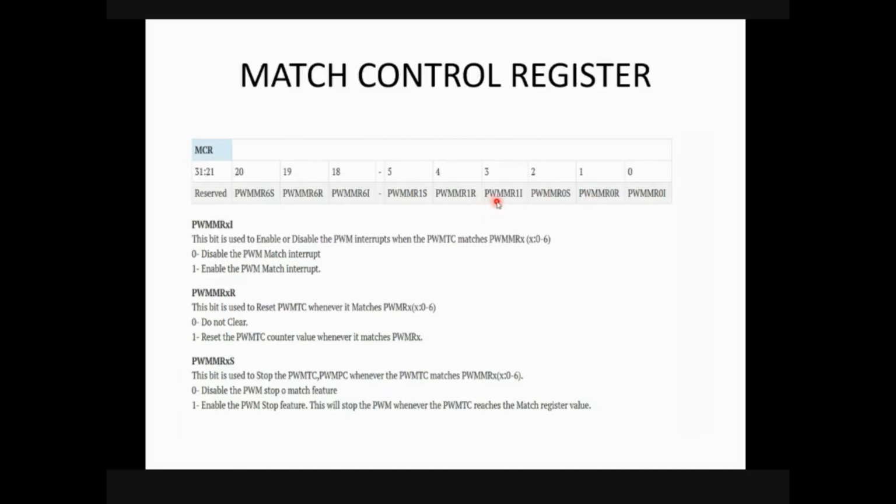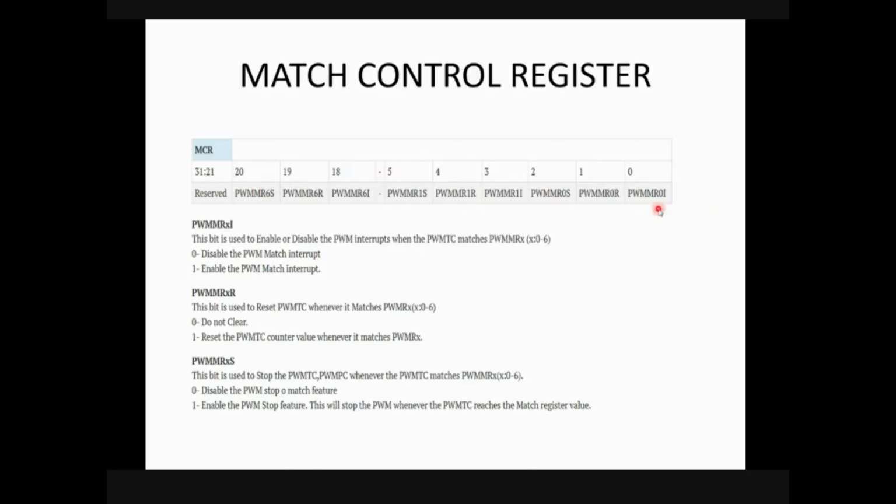Next, PWM MR1I, PWM MR1R, PWM MR1S. The next 3 bits are reserved for the PWM MR1 register, match register 1, which is dedicated to PWM1. Similarly, all the next bits are reserved for the respective PWM MRI, MRR, and MRS operations.